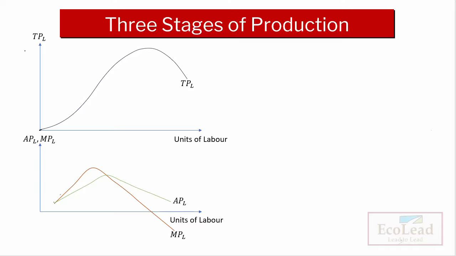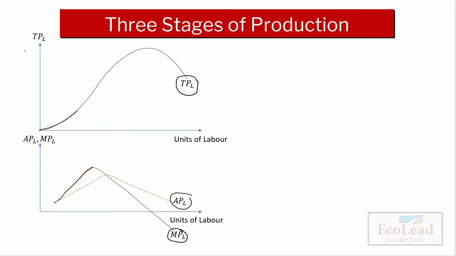We have already discussed the relationship between total product of labor, average product of labor, and marginal product of labor. When we discussed the total product of labor, we saw that the total product initially increases at an increasing rate, and that increasing rate is reflected by the increasing marginal product curve.